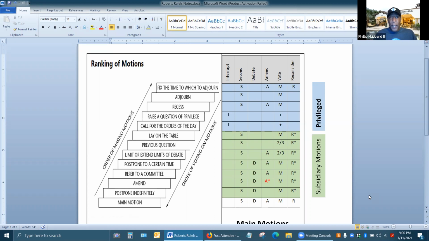Next order is adjourn. This one's going to sound very similar to the next one, but they are different. If a motion to adjourn is seconded and it is a majority vote, the meeting is over, as long as there's some provision already in place to reassemble.